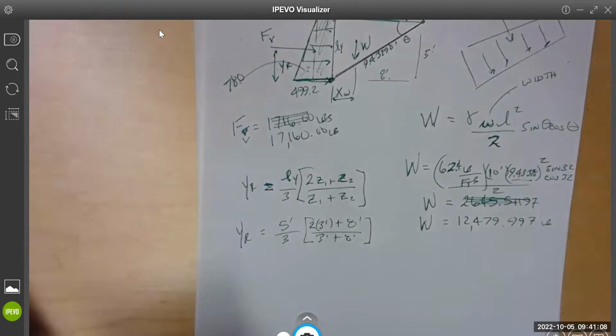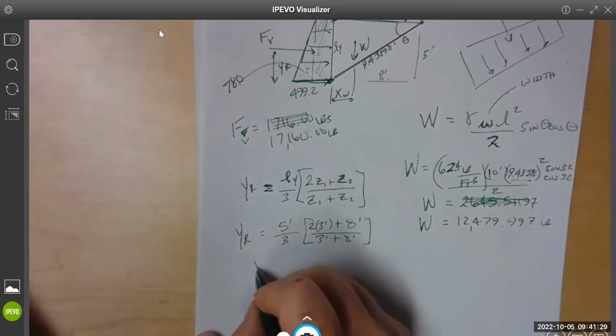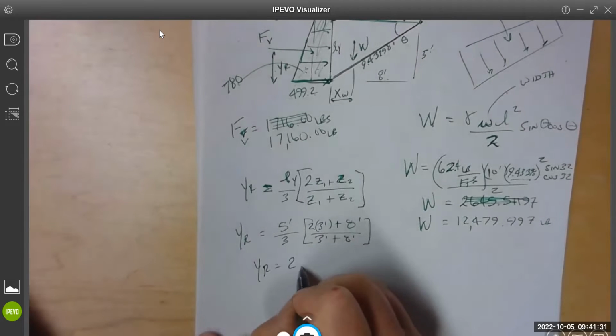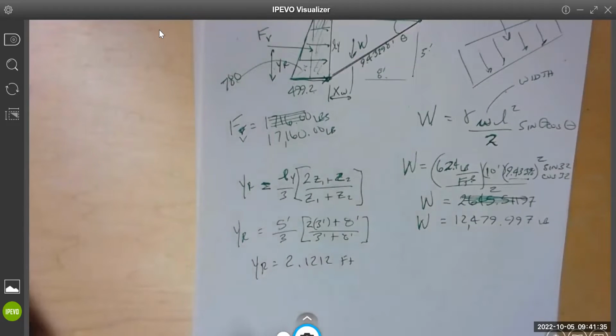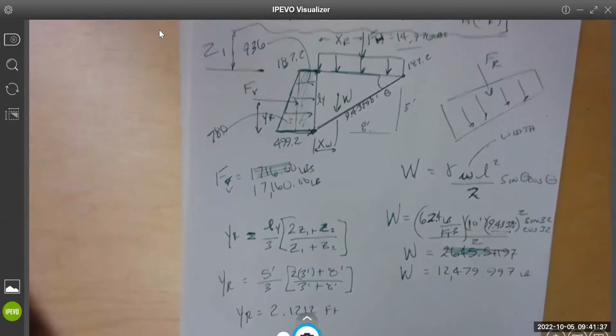Complicated. I get 2.1212. Oh my. I think we have everything though.